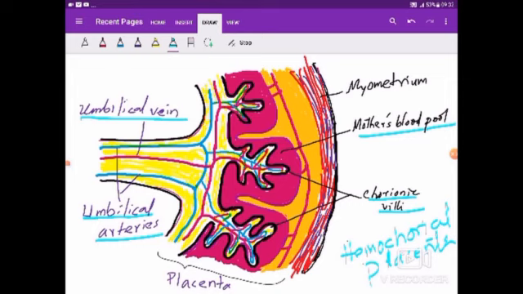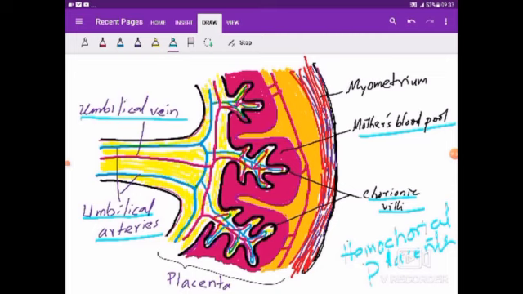Okay, the two umbilical arteries which enter into the placenta further divide into so many branches and enter into the chorionic villi. These umbilical arteries actually bring the carbon dioxide, that is the respiratory waste gas released by the fetus, and that carbon dioxide is exchanged with oxygen from the mother's blood pool.